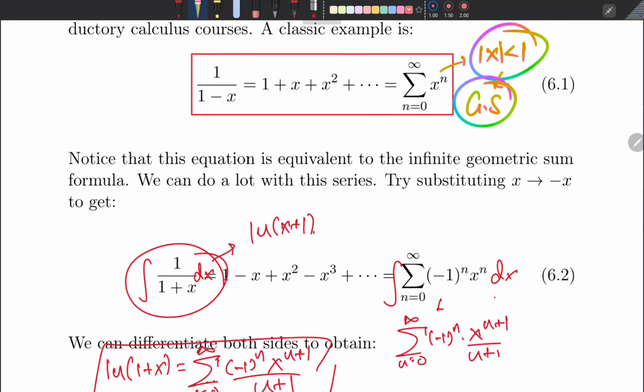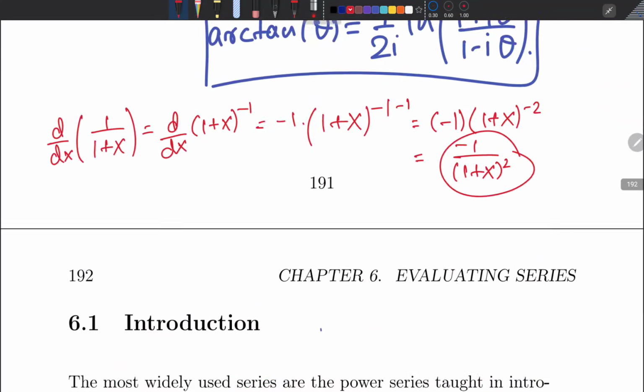So for that case, what was the infinite geometric sum? It was a over 1 minus r as the sum as n goes from 0 to infinity of a times r to the n, right?